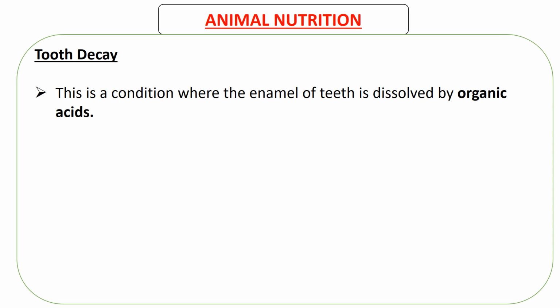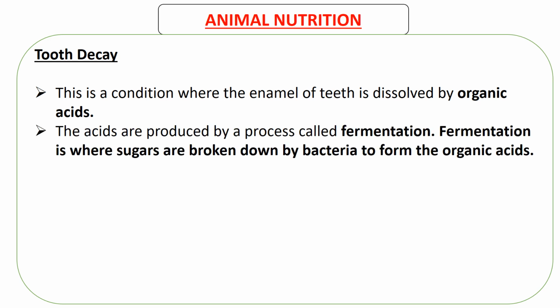So where does this acid come from, since we don't eat acid? The acids are produced by a process called fermentation. I'm sure we're going to look at this in the next topic. Fermentation is where sugars are broken down by bacteria to form the organic acids.